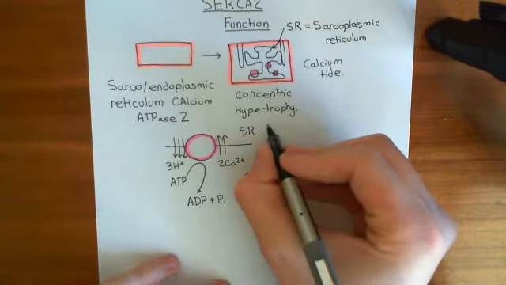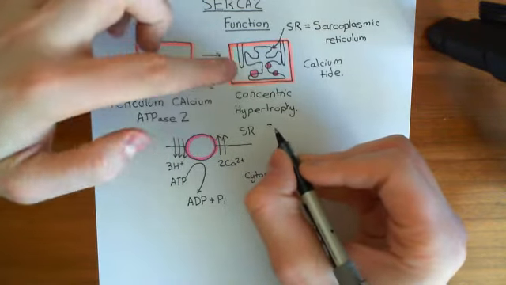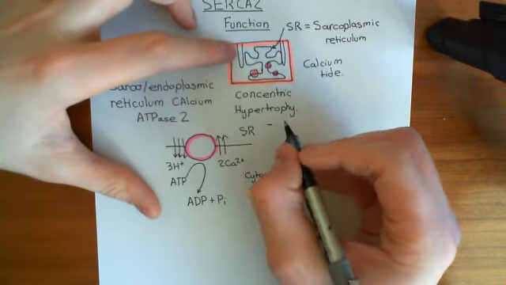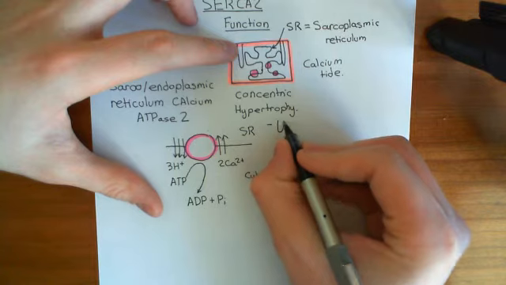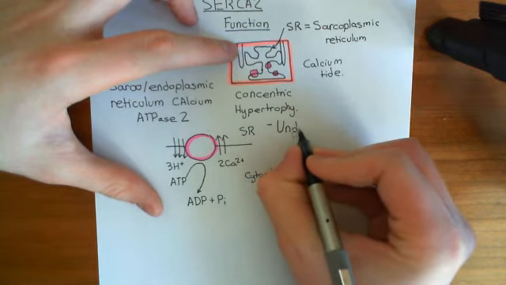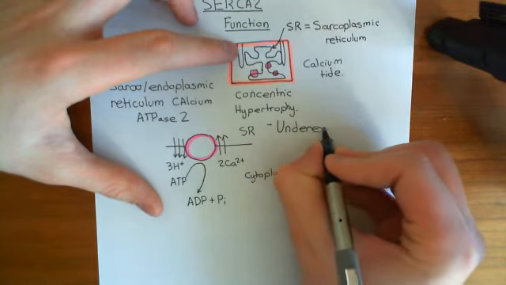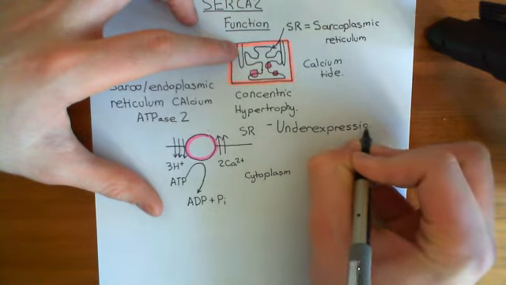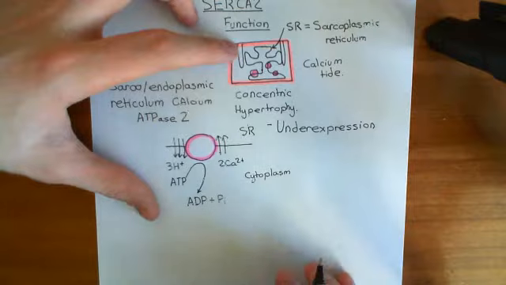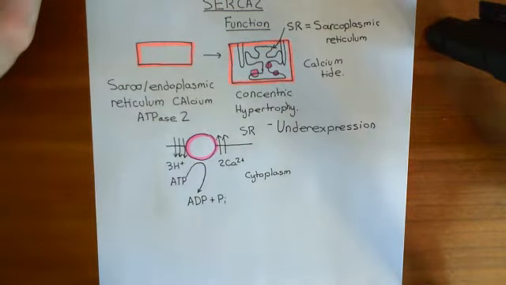Well, if you simply had fewer pumps in the membrane of the sarcoplasmic reticulum, that would cause reduced function. In fact, you find that you have underexpression of SERCA2. So simply you don't have enough of them in the membrane of the SR in cells which have undergone concentric hypertrophy. That's one of the first causes of this SERCA2 underfunction, that you simply have too few of them.